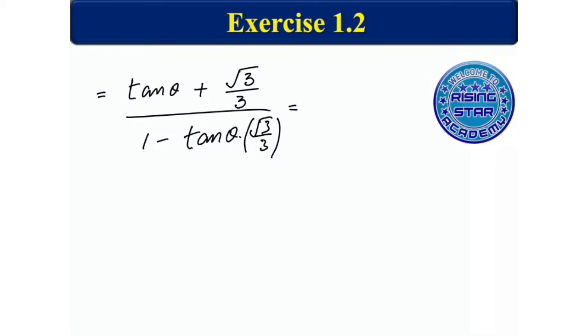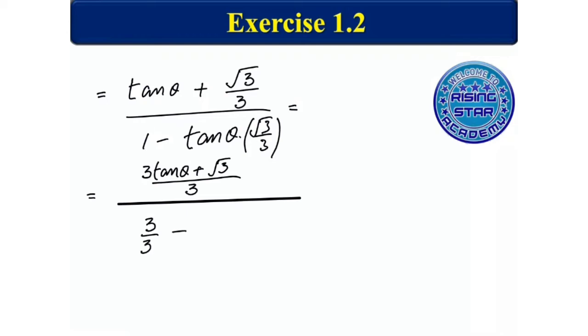Now we can write it as a single fraction, so we have to take the LCM. In the numerator, we will write 3 as the denominator, that is the LCM, so we have 3 tan theta plus root 3. In the denominator, we will make 1 as 3 by 3, minus root 3 by 3 of tan theta.